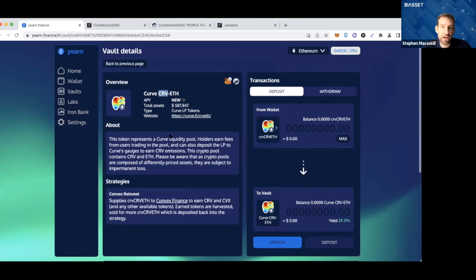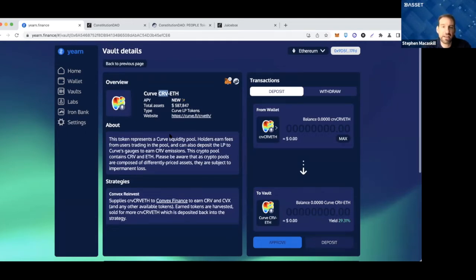From there, by putting it into this vault, they are essentially managing the funds in the liquidity pool for you. So if, for example, the yield drops, they might pull it out.